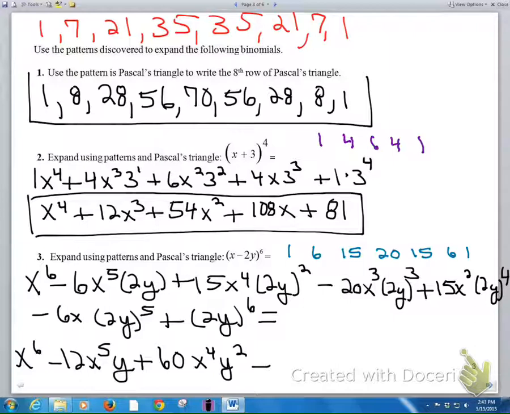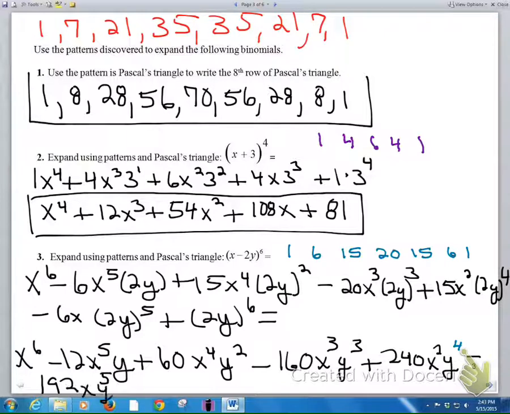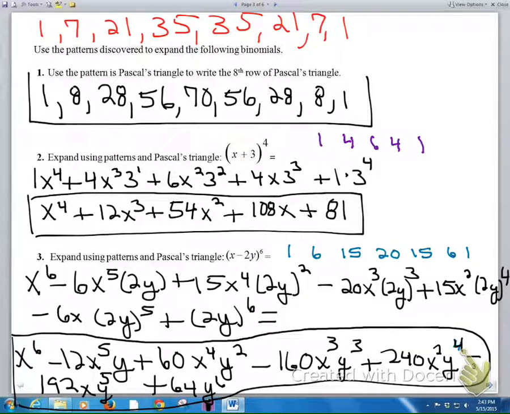Then we've got to cube the 2, so that's 8 times 20, 160. Then we've got to raise the 2 to the 4th power, so that's 16 times 15, so that's 240. Then we've got to raise 2 to the 5th power, that's 32 times 6, which is 192. And then 2 to the 6th power is 64. And that's your answer. Okay.